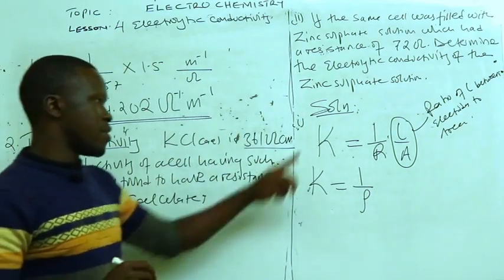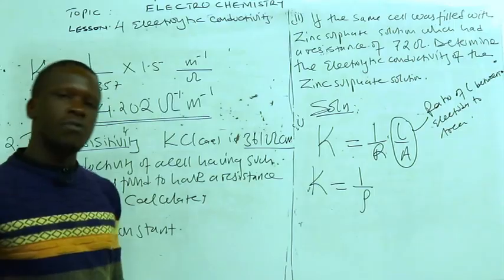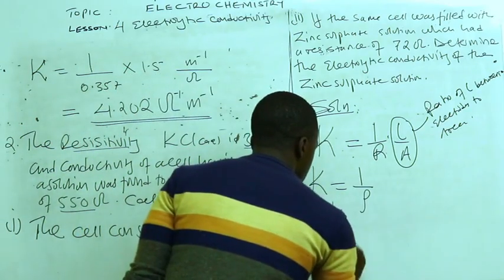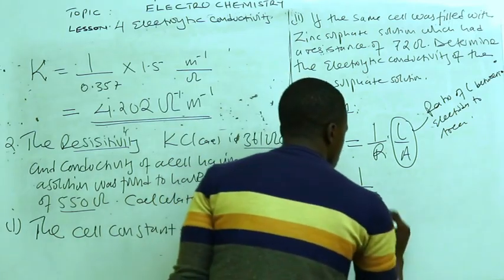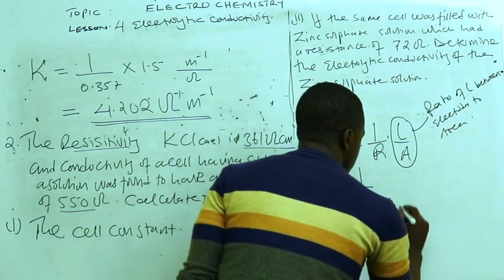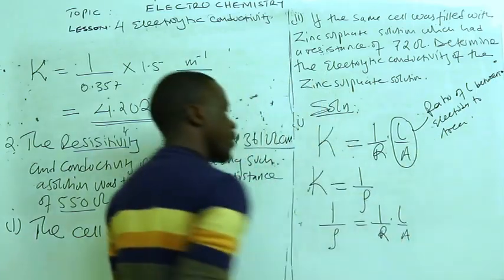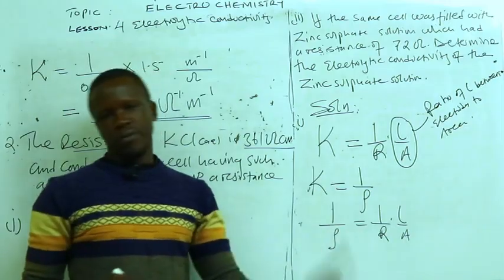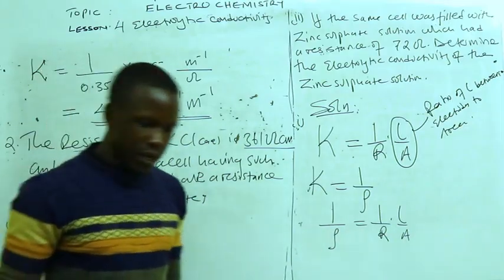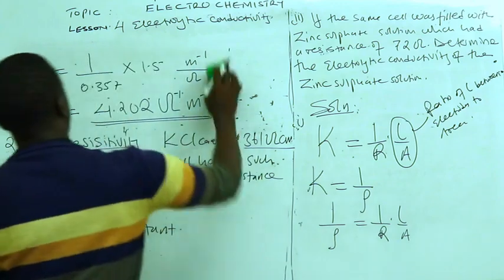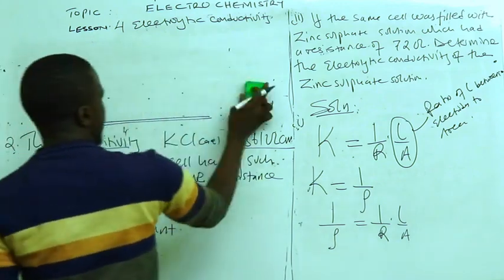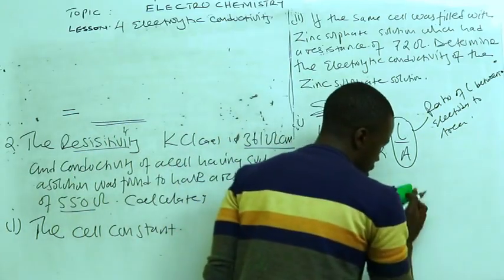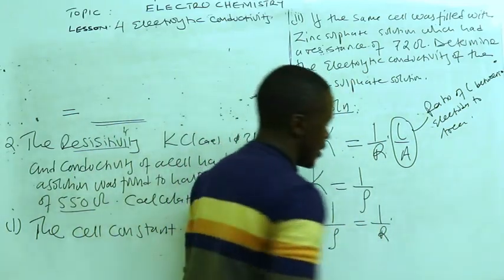That means where there is K, since we have been provided with resistivity, we shall say 1 over rho is equal to 1 over R times L over A, such that we deal with what is in the equation. So we can now substitute and make the cell constant the subject. In this case, I can even substitute length over area as cell constant.